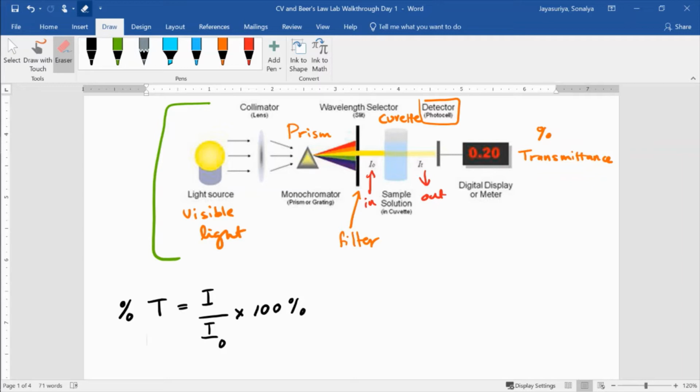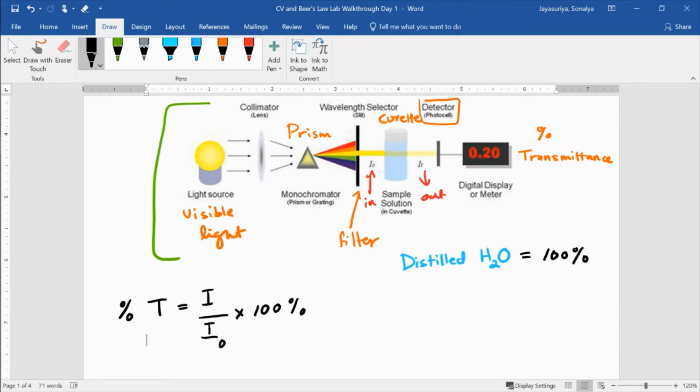Now, if you have something like water inside the cuvette, like distilled water, it has nothing in it, so you would get 100% transmittance. All the wavelengths of light that you are sending through the distilled water cuvette will actually end up being transmitted.